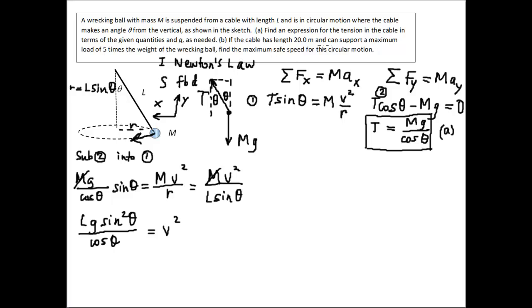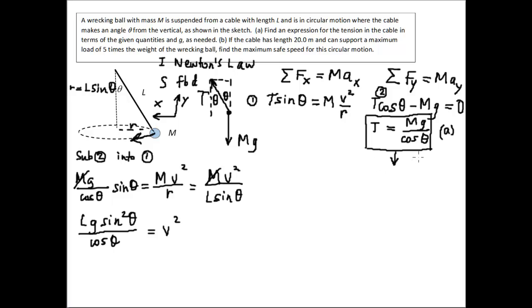Okay, we're told the cable can support a maximum load of 5 times the weight of the wrecking ball. What does that do? If we plug in the maximum value for T, then we can figure out the angle theta, or at least the cosine of the angle theta, which is all that we need.